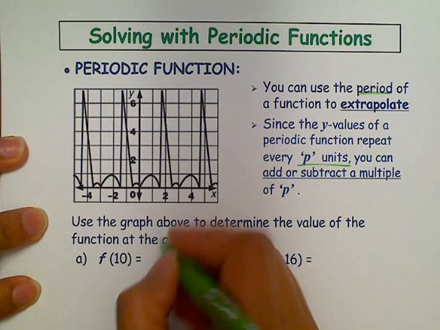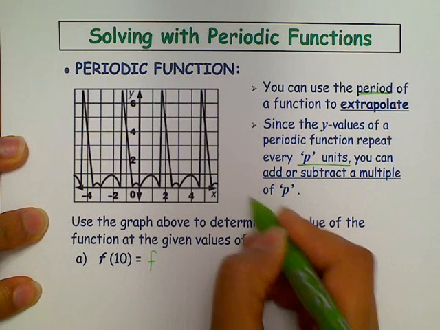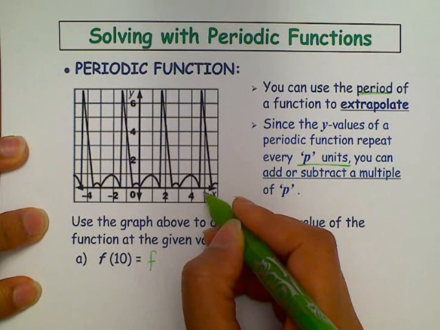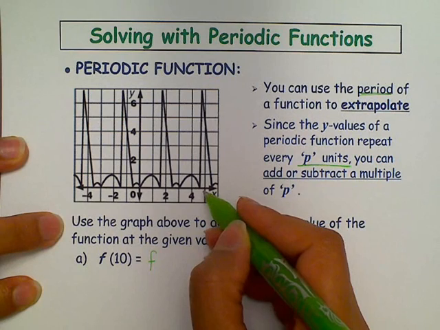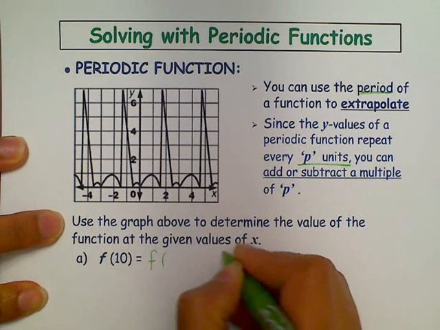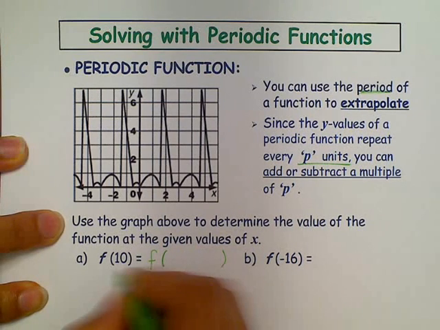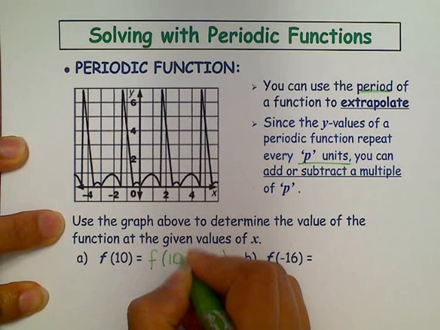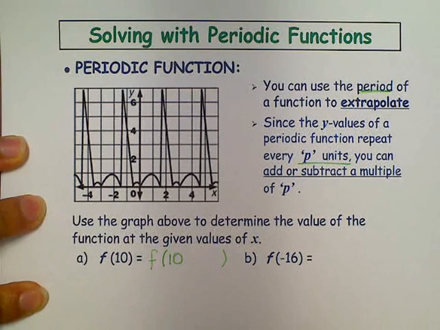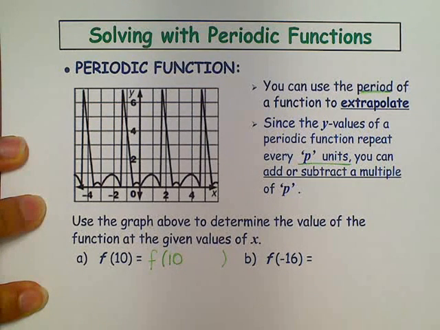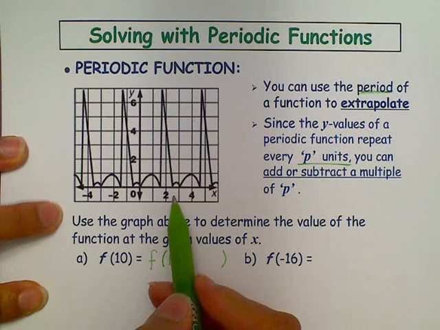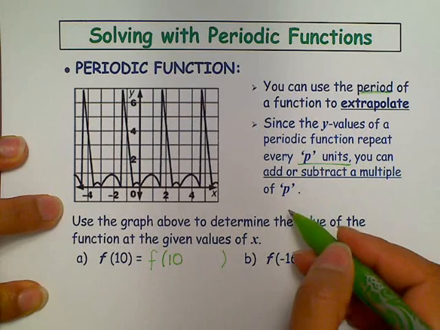Now, because the function repeats itself every 3 units, I can backtrack a couple of cycles so that I'm at a point inside the graph. Instead of looking at x equal to 10, I'm going to backtrack a couple of cycles so that I'm within the range of my graph.